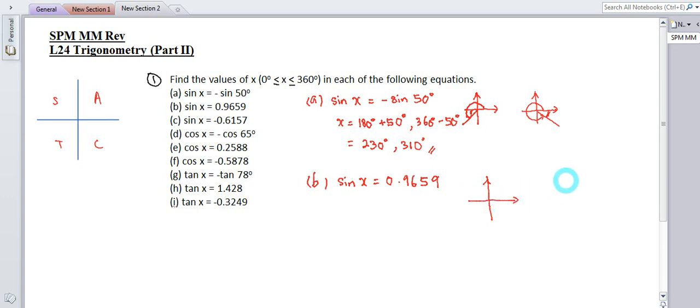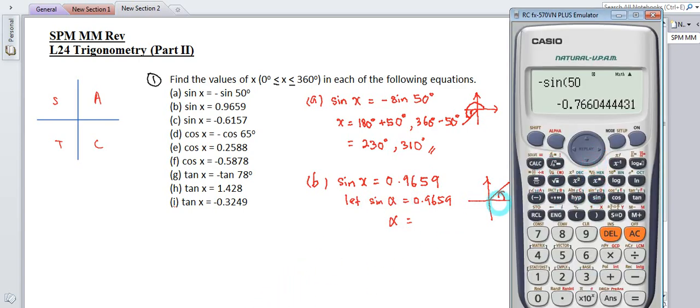Since you want to get a positive value, here must be the first quadrant here, or second quadrant here, right? So we just need to find the reference angle first. You can let sine alpha equal 0.9659. So you press your calculator. What is the value for the reference angle?